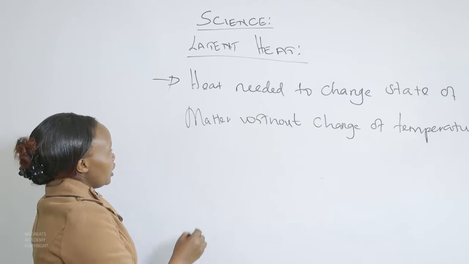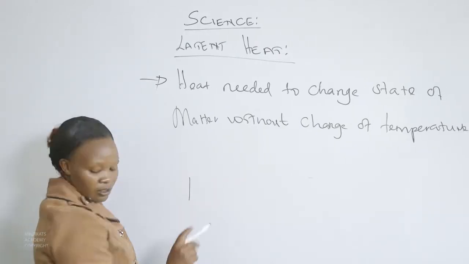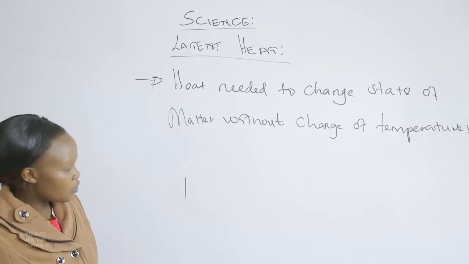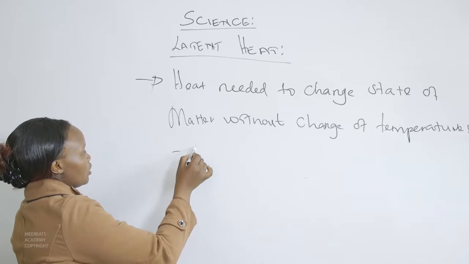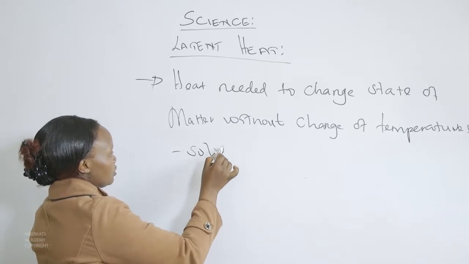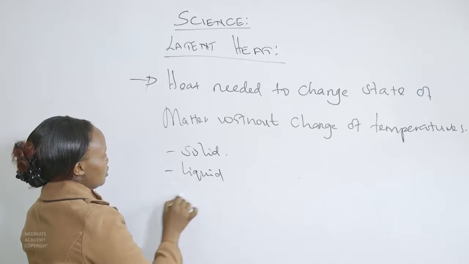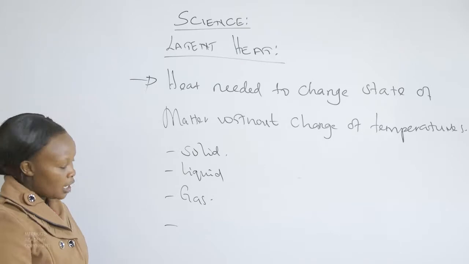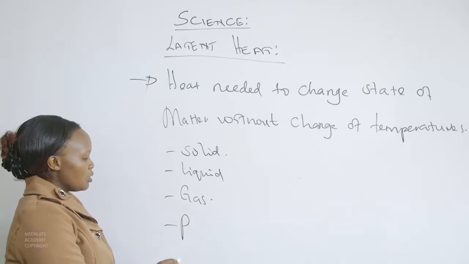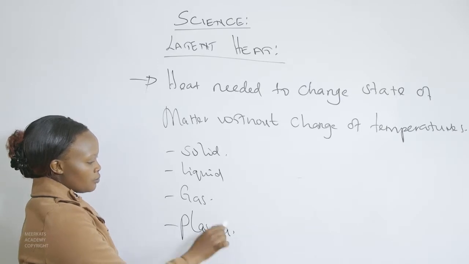Now, we agreed that we have several states of matter. We could talk of a solid, a liquid, a gas. Sometimes we even add a substate that we call plasma.